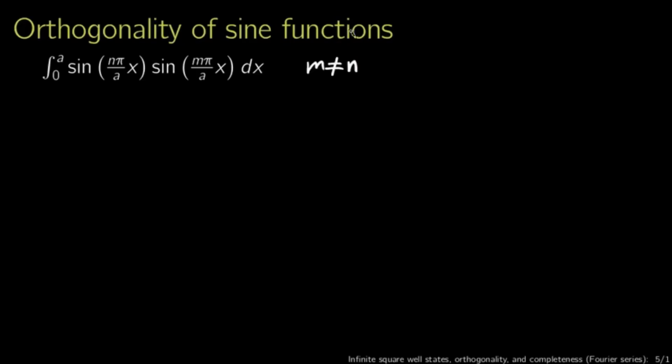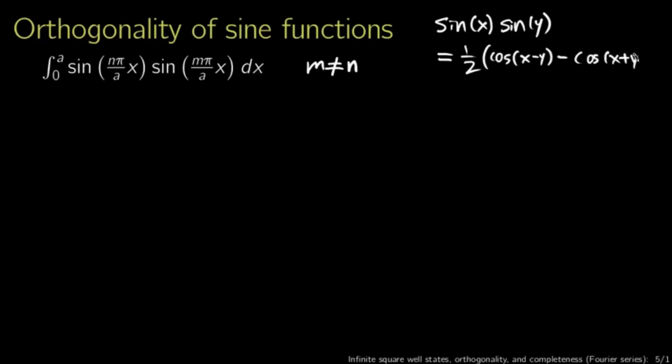This integral can be done reasonably easily if you remember your trig identities. And I certainly don't remember my trig identities. I have to go and look them up all the time. But sine of x times sine of y, this is a product identity for sine, is equal to 1/2 of cosine of x minus y minus the cosine of x plus y.